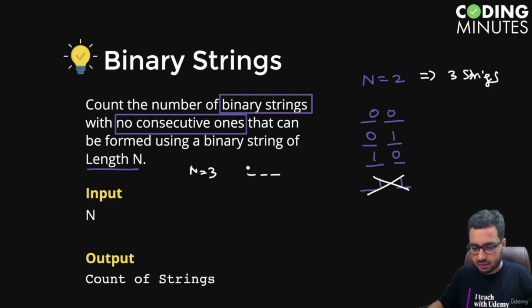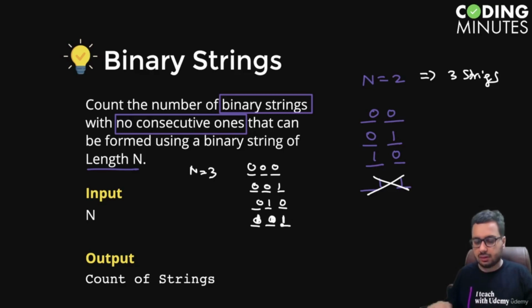Let's say we have 0 0 0, it is valid. We have 0 0 1, valid, 0 1 0, again valid, 0 1 1, not valid. Or maybe we can have 1 0 1, this is also valid.